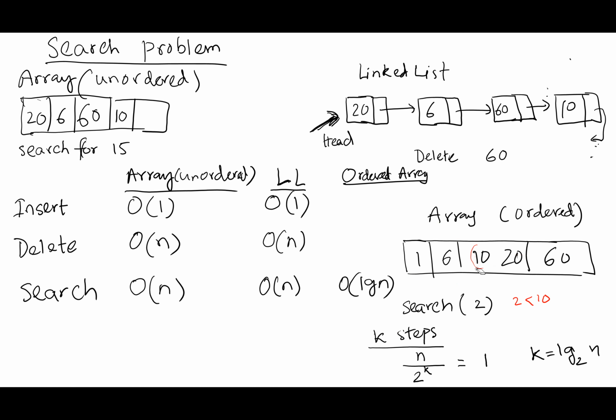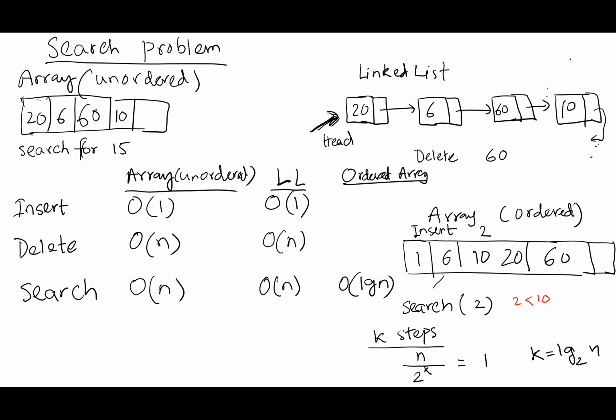Let's say I want to do an insertion in this array. Just for now, let's assume that there is another empty space in the array, and I want to insert 2.